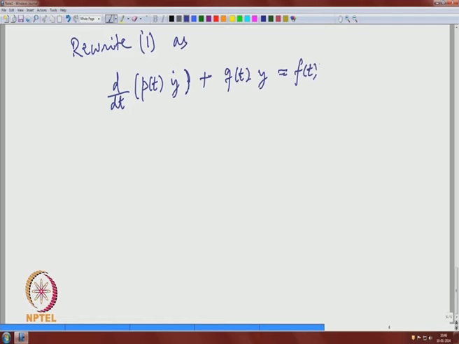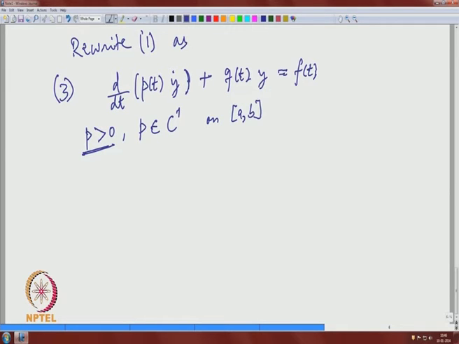Okay. So, there is some advantage in this, so let us exploit that. This I call 3. So, what is p? P is a positive function and p is also C1 on a b. So, it is a continuously differentiable function which is positive.